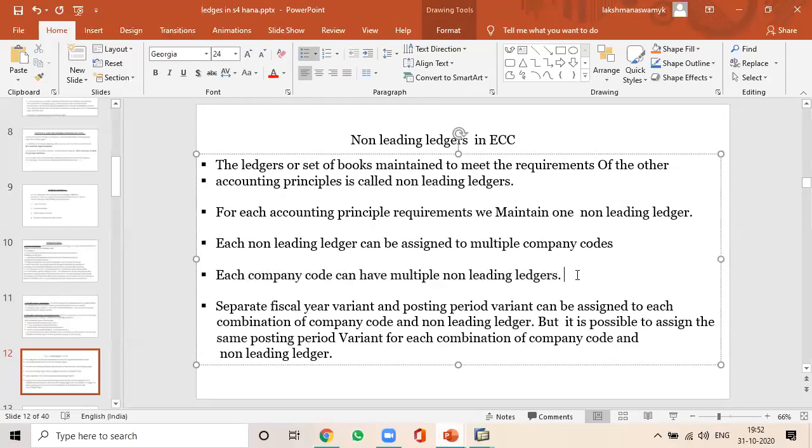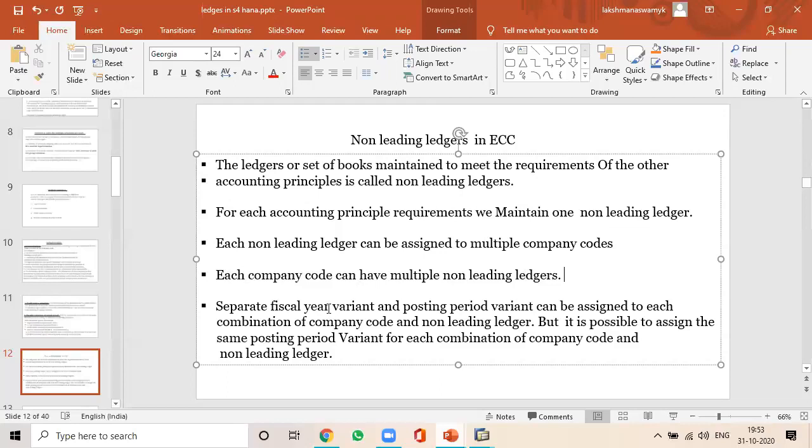Suppose a company code in India has a leading ledger for Indian accounting standards, non-leading ledger number 1 for IFRS accounting standards, non-leading ledger number 2 for UK GAAP accounting standards, non-leading ledger number 3 for US GAAP accounting principles or standards. Like that, one company code can maintain any number of non-leading ledgers, but they can have only one leading ledger. A company code cannot have more than one leading ledger.